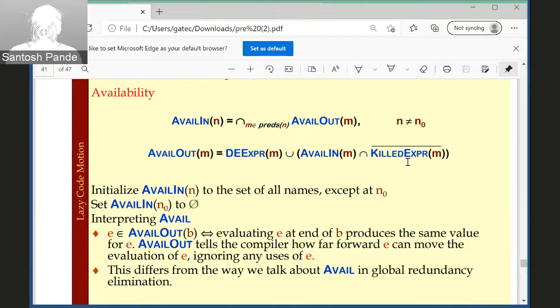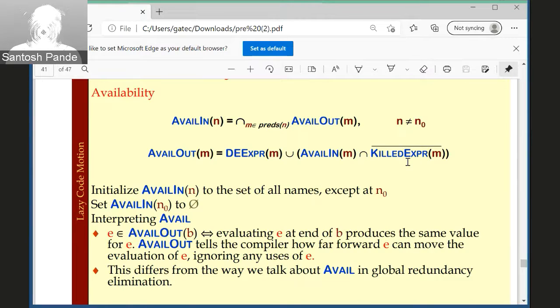And then within a block, the translation of an expression is this. If it's downward exposed, then it becomes available in that block at the output. Otherwise, the second possibility is it is available in the input of the block, and it is not killed. So you can see that it just nicely passes through and it remains available.